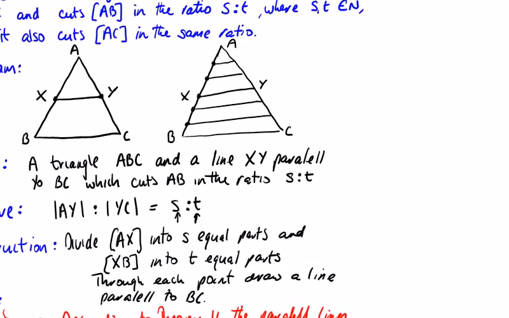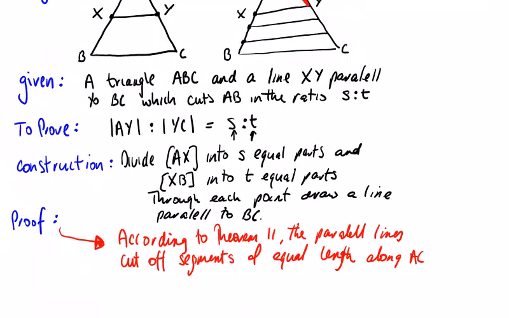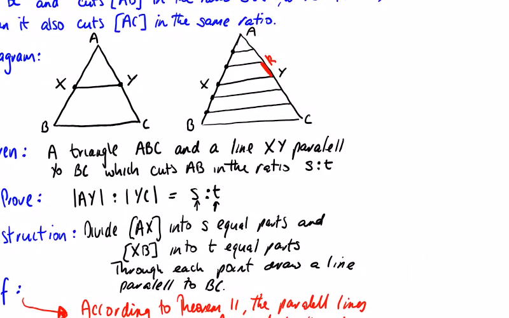So let's give one of these a length. Let each segment be equal to, let's call it the letter K. So how many of them have we got between A and Y? We have 3 of them, so that'll be 3K.